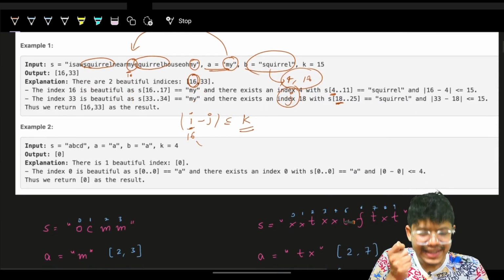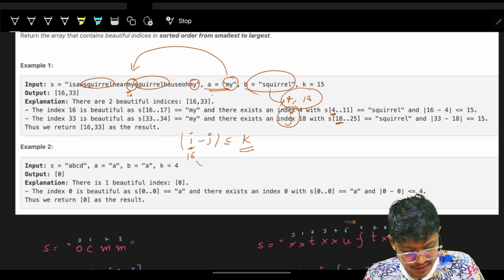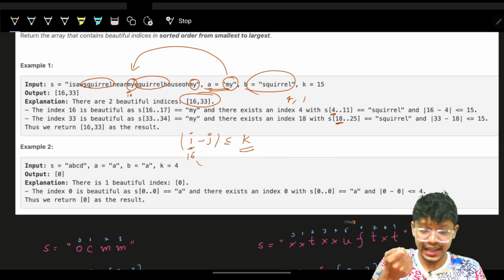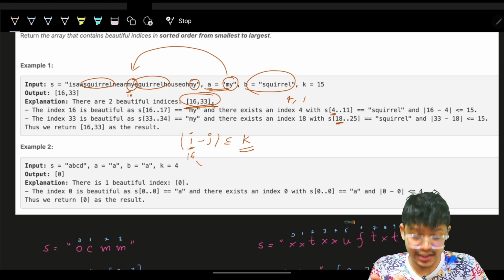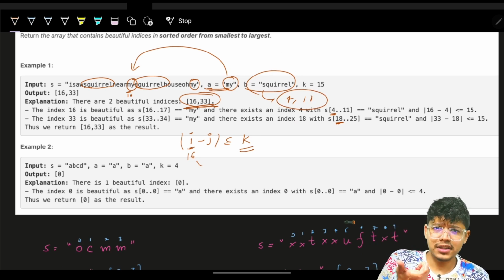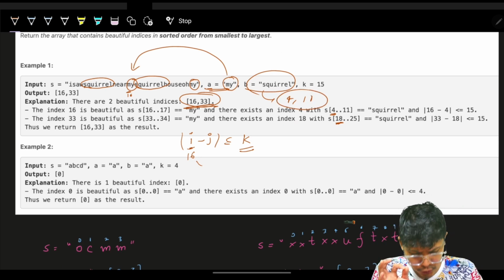Now my prime aim has become to figure out these values: for string a, 16 and 33, and for string b, 4 and 18. When I have figured this out, it's super simple.